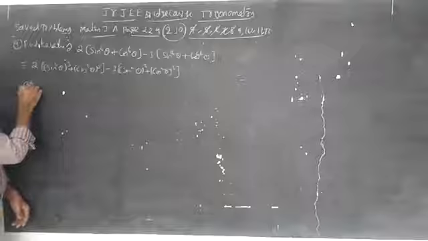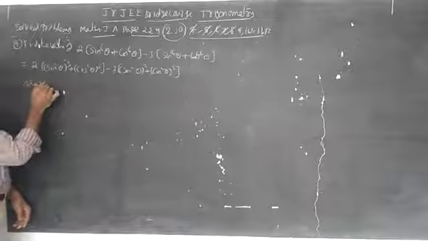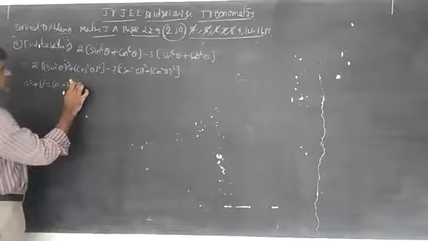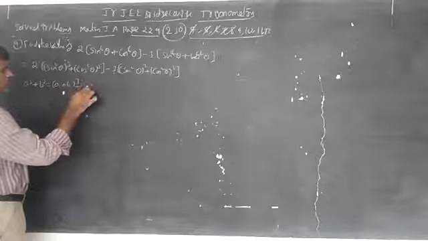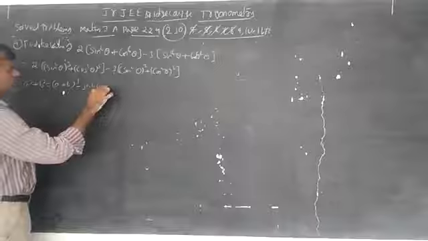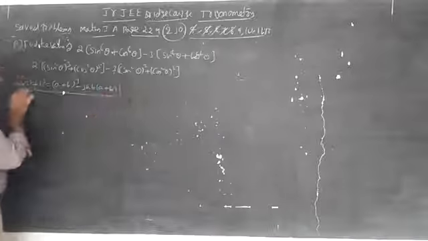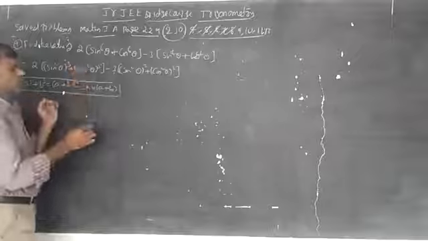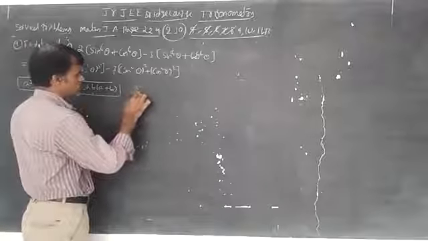Let us remember the formula: a cube plus b cube is equal to a plus b whole cube minus 3ab into a plus b. This formula we should use here.